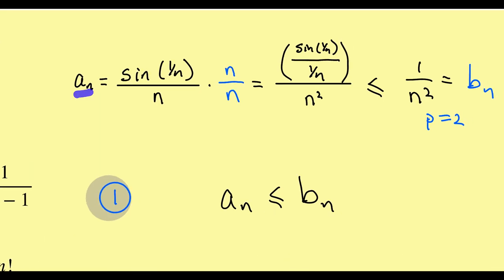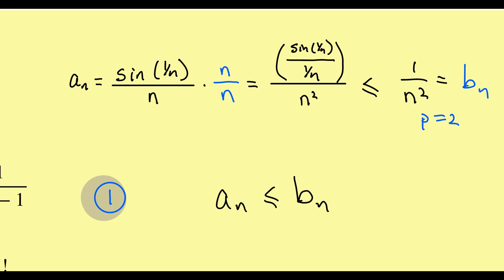Here's our AN, sine of 1 over n over n. Let's multiply by 1 in the form of n over n. We can keep the n in the bottom with the n in the bottom, get n squared. The top multiplied by n is the same thing as the top divided by the reciprocal of n.